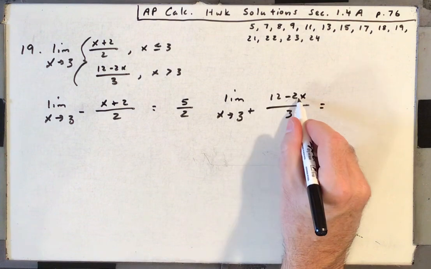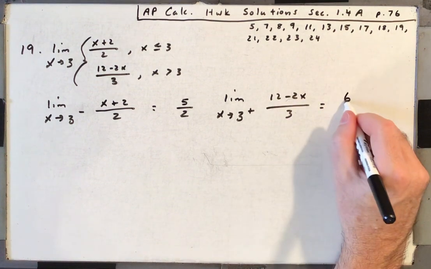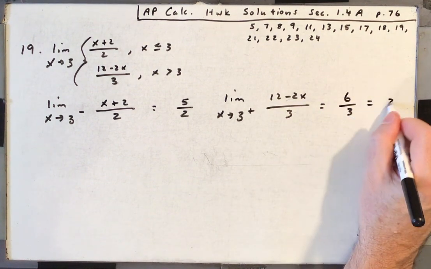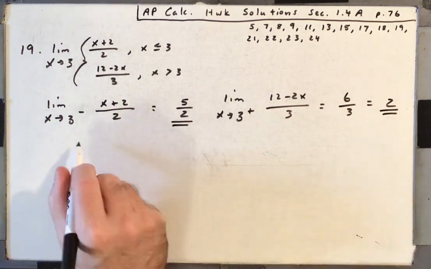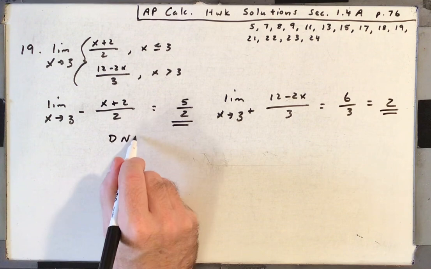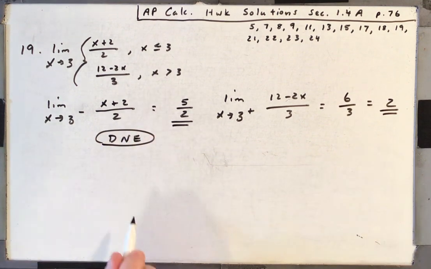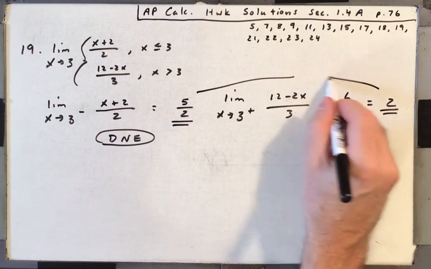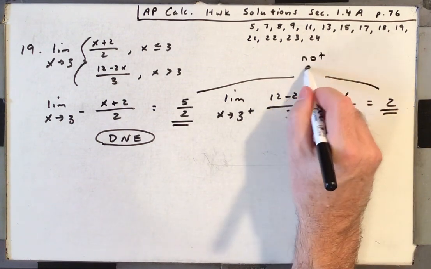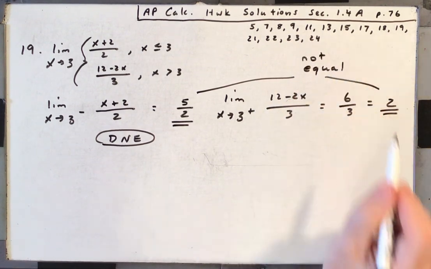That's going to be 12 minus 2 times 3 is 6, so 6 over 3, which is 2. So we have 5 halves and 2. Those are not equal, so this limit does not exist. Because they are not equal, your hands wouldn't come together on that graph.